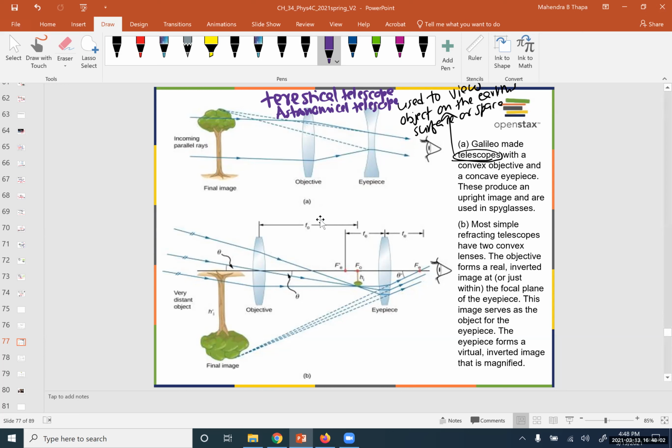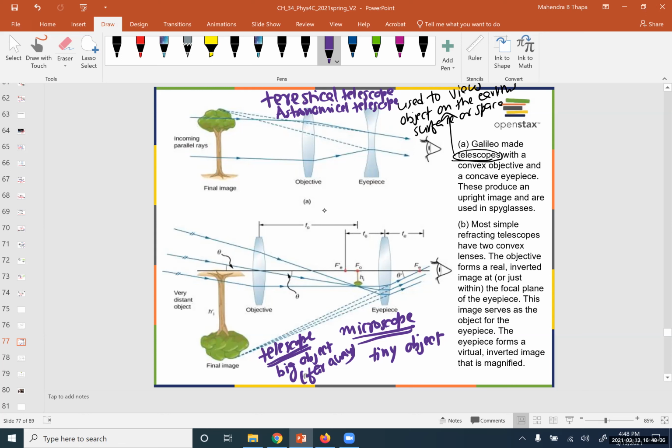So again, the main principle will be the same, but you should be careful that in the case of the microscope, we use it to view a tiny object. But in the case of the telescope, we use it to view basically very big objects, but they are very far away, either on the Earth surface or in space.